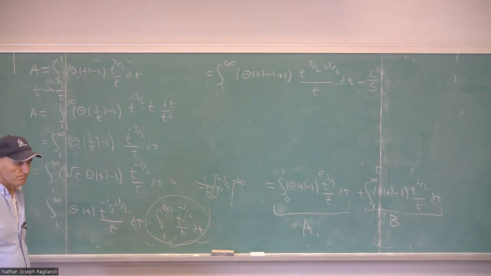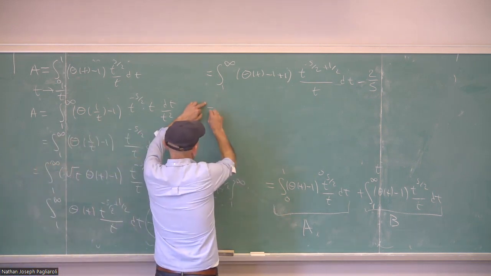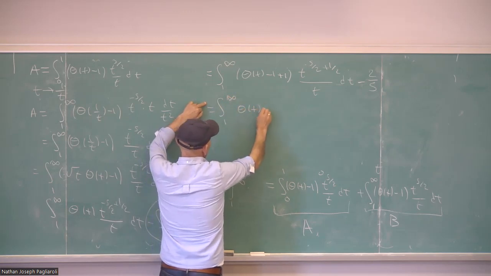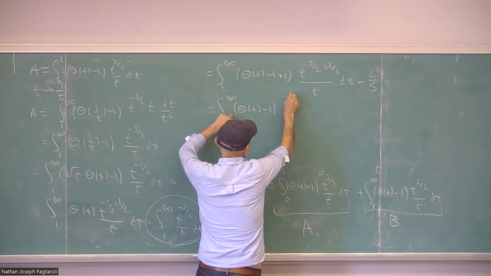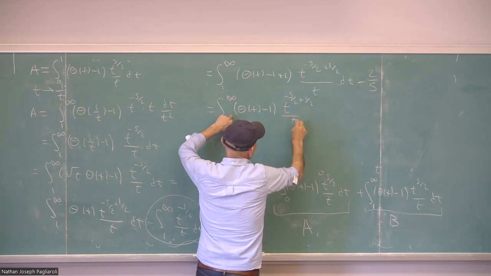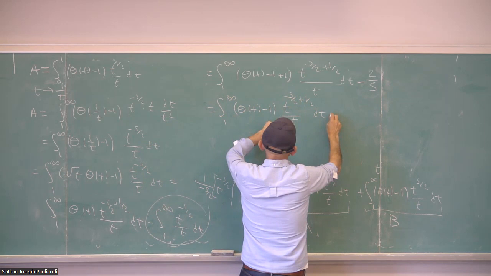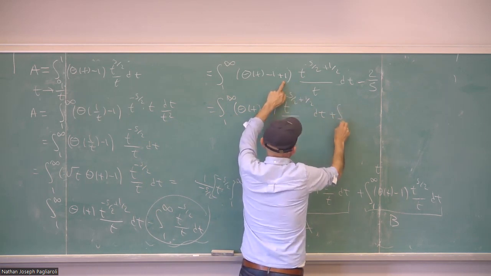Okay. So now I just write it. This is all A. Remember, the integral from 1 to infinity of theta t minus 1, t to the power minus s over 2 plus half, divided by t dt, plus again another integral I have, the integral from 1 to infinity.